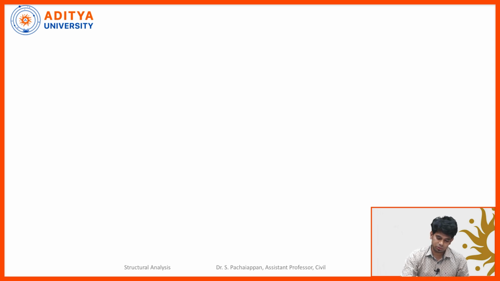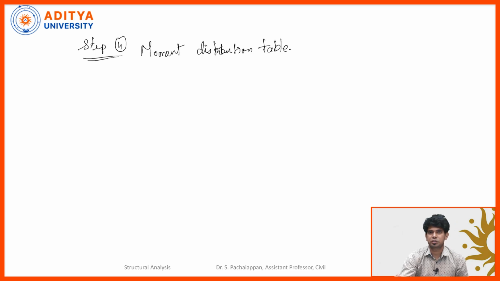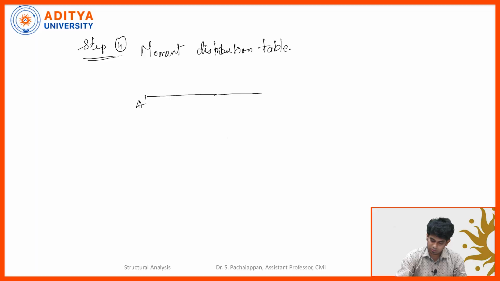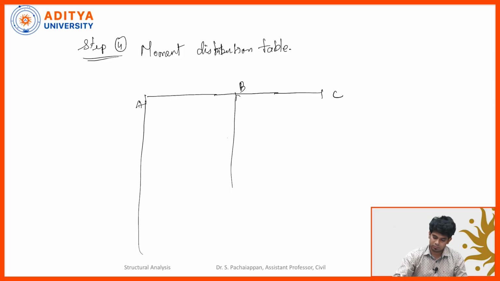Okay. So step 4 is the moment distribution table. Just draw the horizontal line, mark the supports A, and then B. So this is B and this is C. Make this as a table.